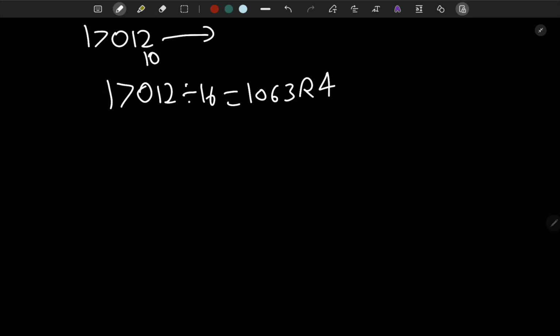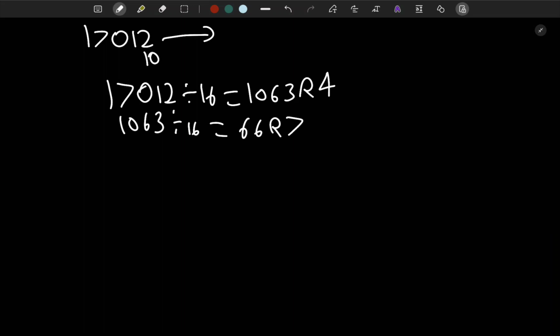Continuing on, 1063 divided by 16 is 66, remainder is gonna be 7. So the mixed fraction option is pretty quick, to be honest. Get the remainder immediately, or if you get like 1 over 4, that means you have to multiply by 4. This is going to be a remainder of 4.